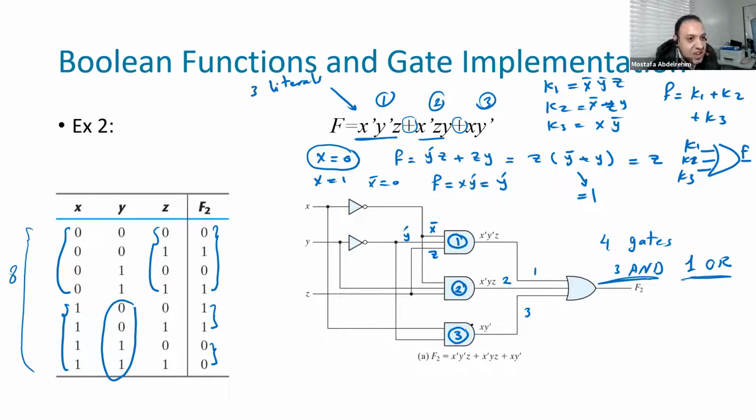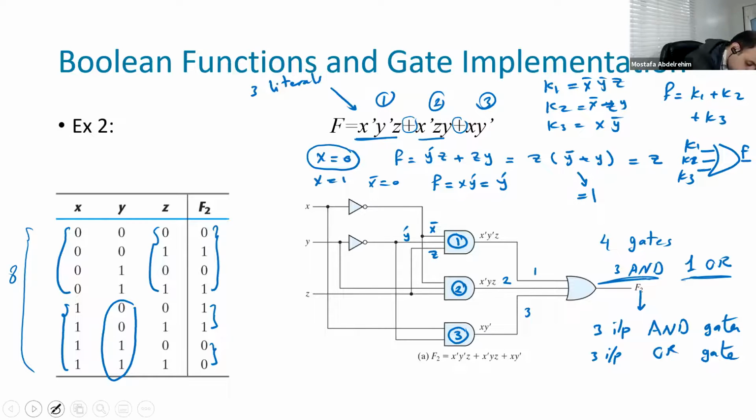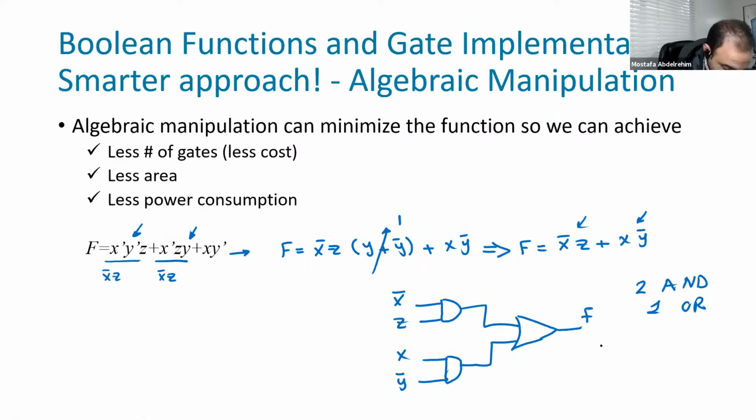These AND gates here should have three inputs. So these are three-input AND gates and a three-input OR gate. Okay, but here it's only two-input AND gates and a two-input OR.